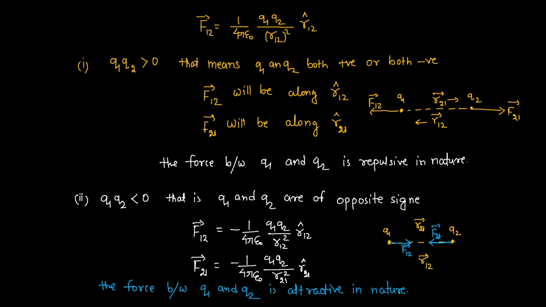We can modify the vector form to some extent like this. देखिए, what we have got: F21 equal to 1 by 4 pi epsilon naught Q1 Q2 by R21 square R21 cap.